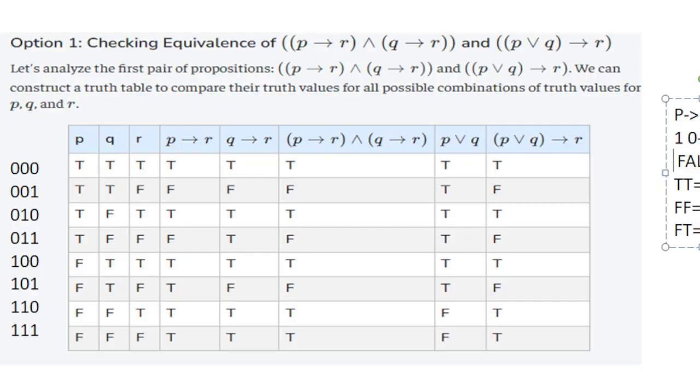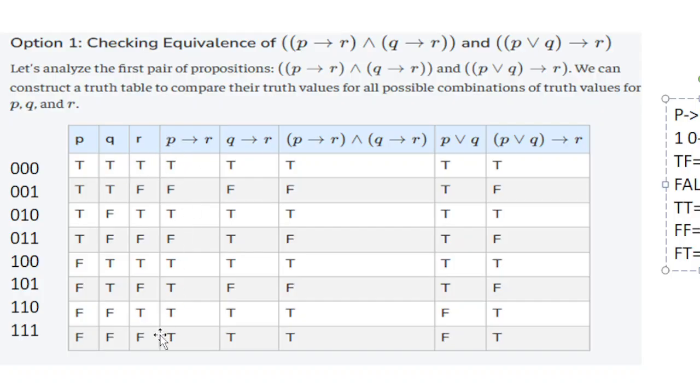TF equal to F. This is P implies R. This only you should remember, TF is equal to false.